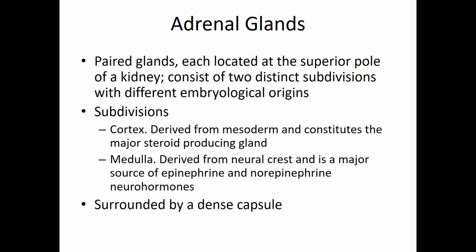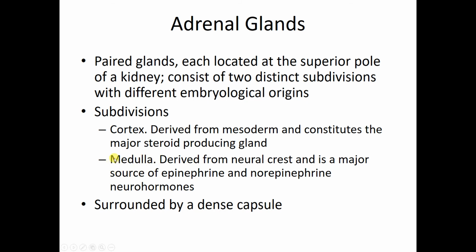Functionally they are also similar. They produce steroid hormones, but in adrenal glands the variety of steroid hormones produced is much larger than in testes and ovaries.